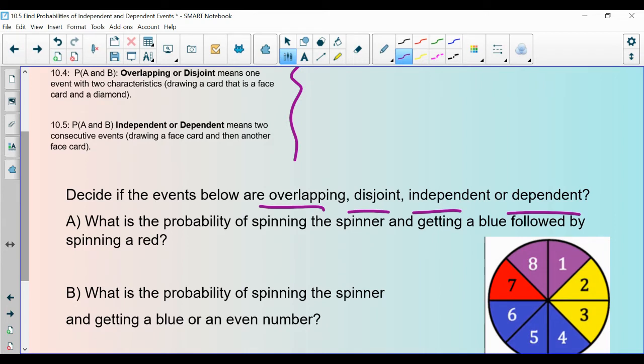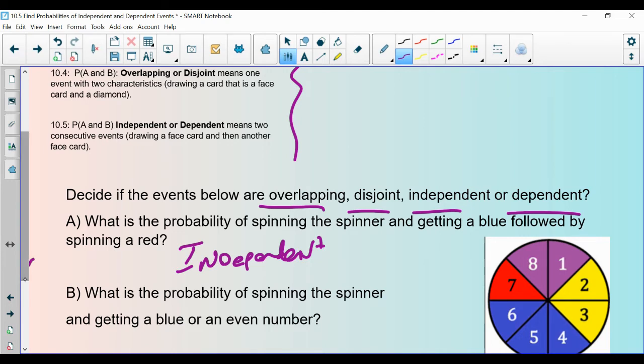Now you're responsible for deciding which, and the answer to how you decide is, does me spinning a blue the first time affect the probability of spinning a red? Hopefully you guys, at this point in your mathematical endeavor, know that that would be independent events, because no matter what you spun the time before, it's an equal chance of spinning that same thing or a different thing the next time. So this would be independent events.